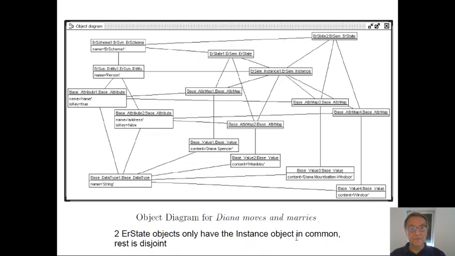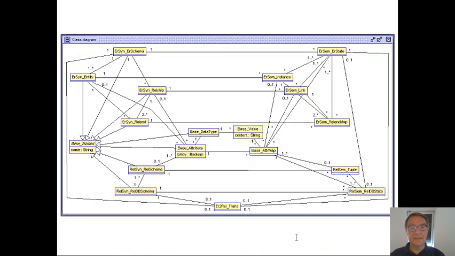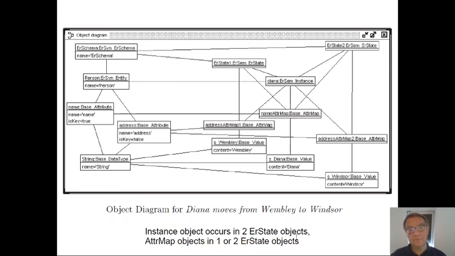In the following two slides, I have represented with two object diagrams some circumstances that one could represent in connection with this Diana Charles example.